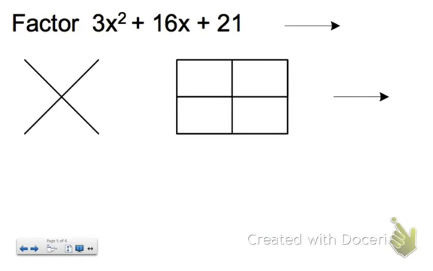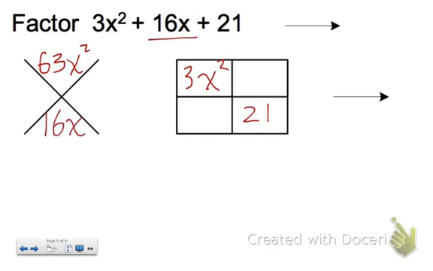So we'll try a second one. We have 3x squared plus 16x plus 21. Remember, my 3x squared and my 21 go there. Then I multiply them together to get the top of this box. So that's 63x squared. And then my middle term goes down here, 16x.